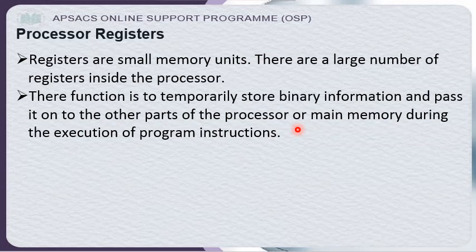Whenever the data is given to the ALU, it goes from the register to the ALU. Whenever the result 10 is generated from the ALU, it will be transferred first of all to the register, and that 10 will be stored in one of the register types, which is the accumulator register. From the accumulator register, it will then be transferred to your main memory.